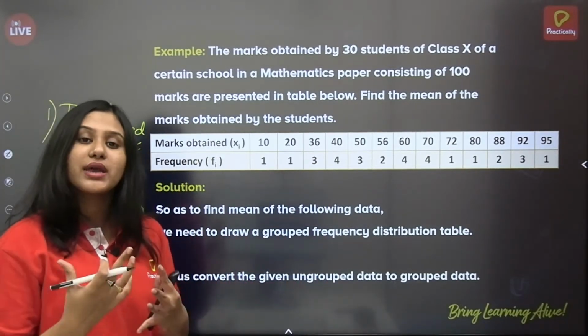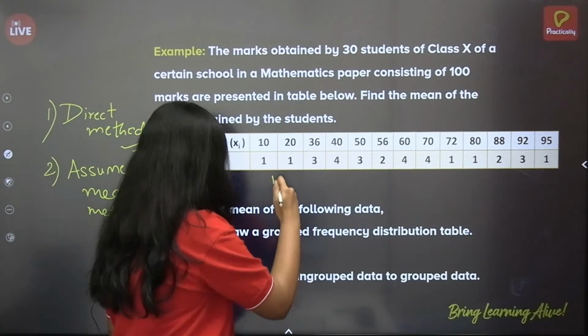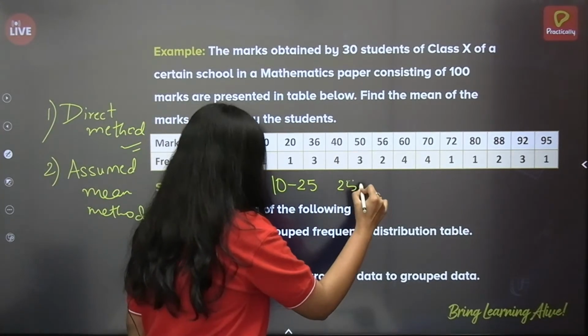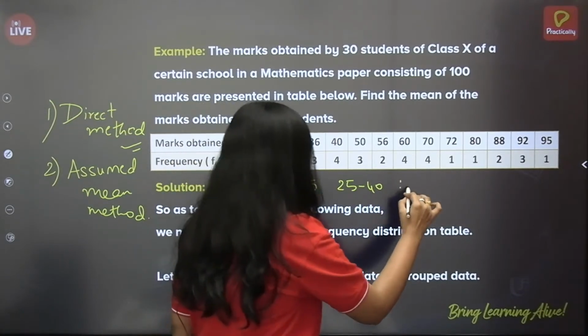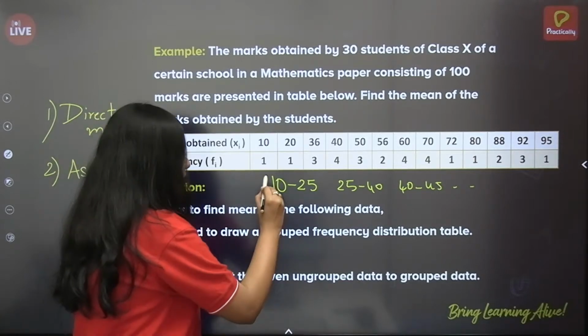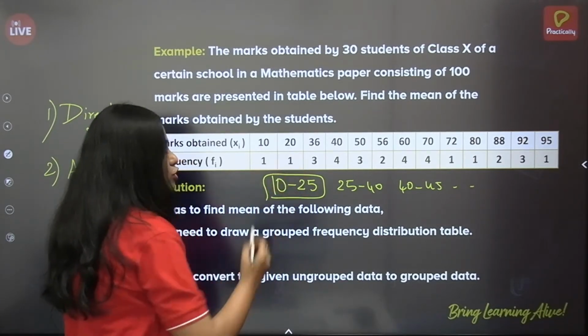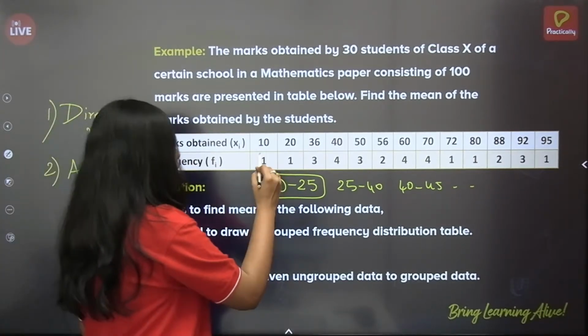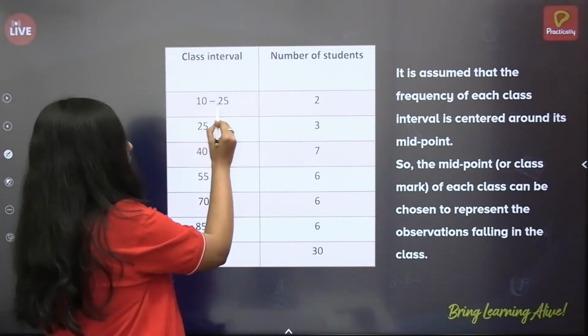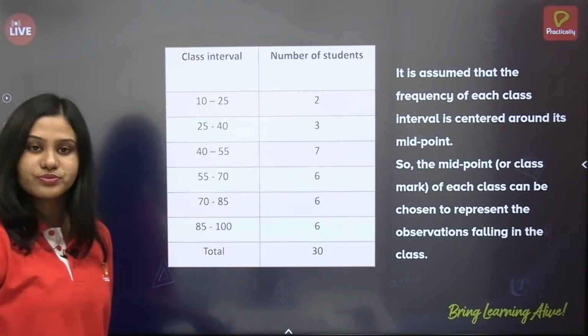I will be using the class intervals 10 to 25, 25 to 40, 40 to 55, and so on. Between 10 to 25, how many are there? 1 plus 1, 2. So we write 10 to 25 equals 2.